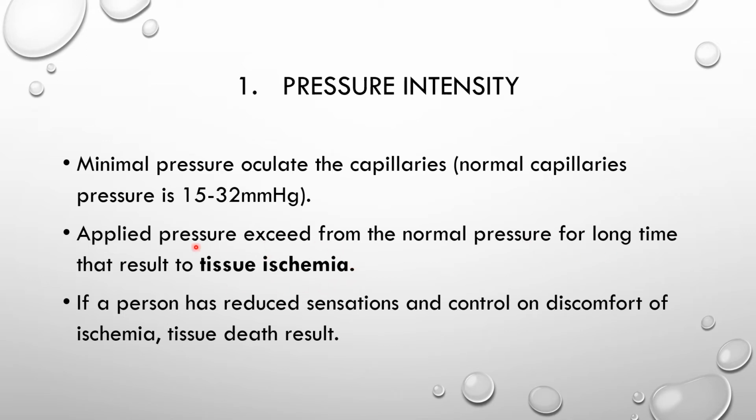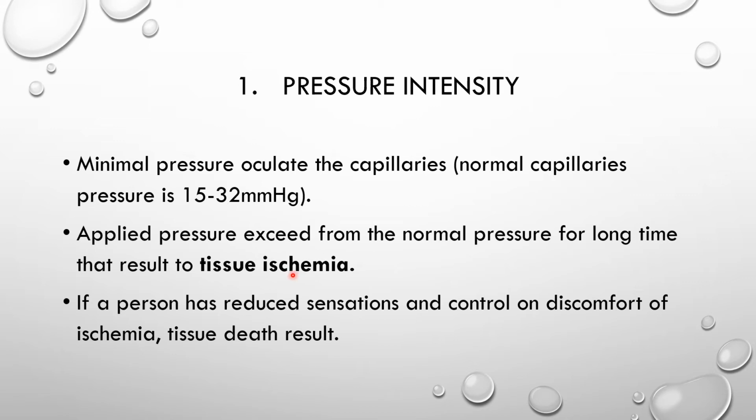Tissue ischemia is local cell death, where the supply of oxygen and nutrition is not proper to that part where the pressure is more than the normal capillary pressure. So the tissue and cells go into cyanosis; their color changes to blue.